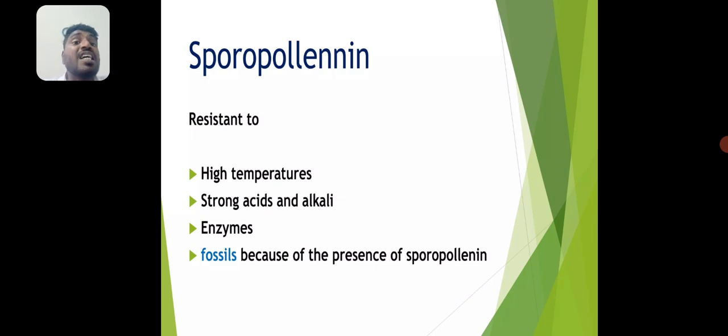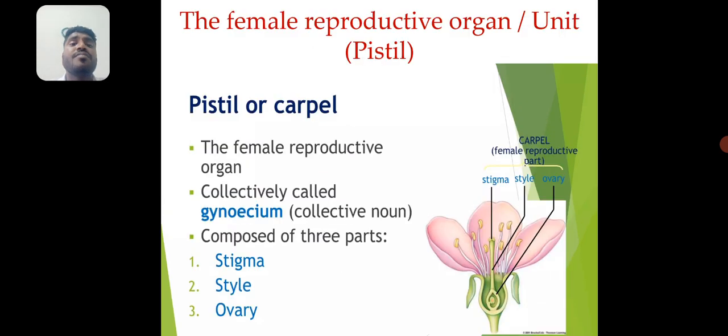Sporopollenin is resistant to high temperature, strong acids, alkalis and enzymes, and because of the presence of sporopollenin, pollen can become fossils.